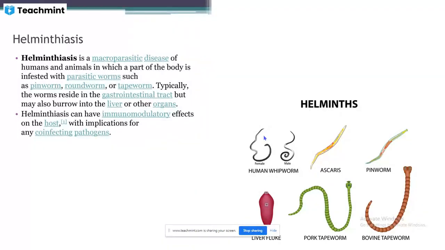Okay, so in India the most commonly found are the roundworm and the threadworms, and pinworms. Tapeworms are also there. And the filarial worms, these worms are found in the Indian regions.